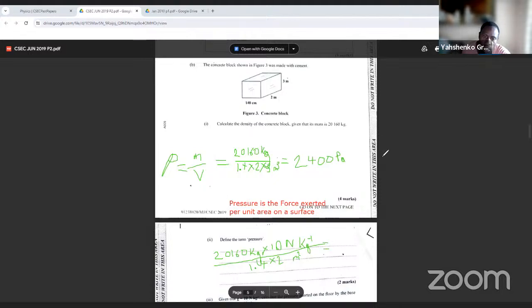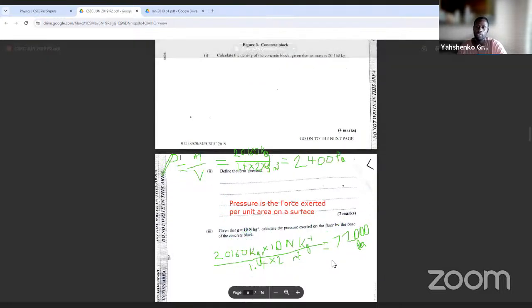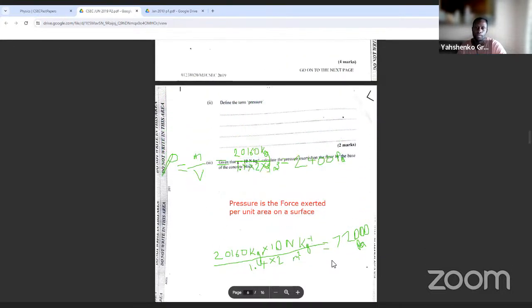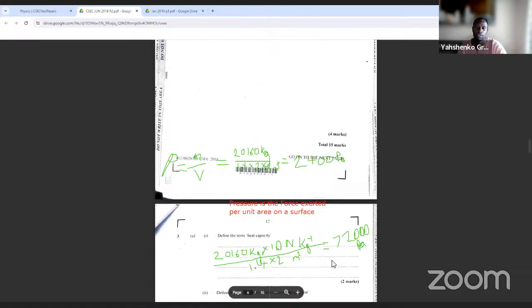And essentially this will equal 201,600 divided by 2.8. And this is equal to 72,000 Pascal. That's the amount of pressure that that concrete block is pressing on the floor. All right. And we get 4 marks for working that out.